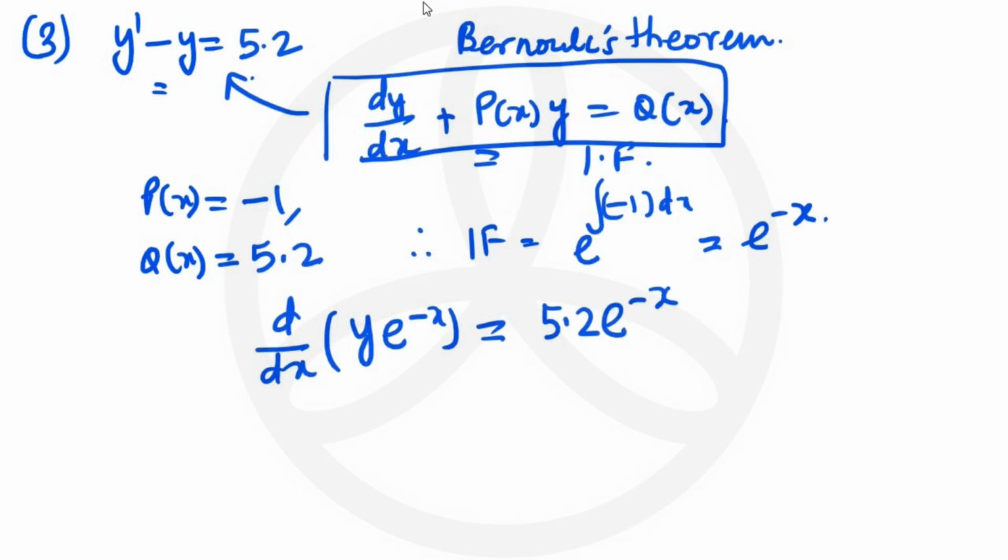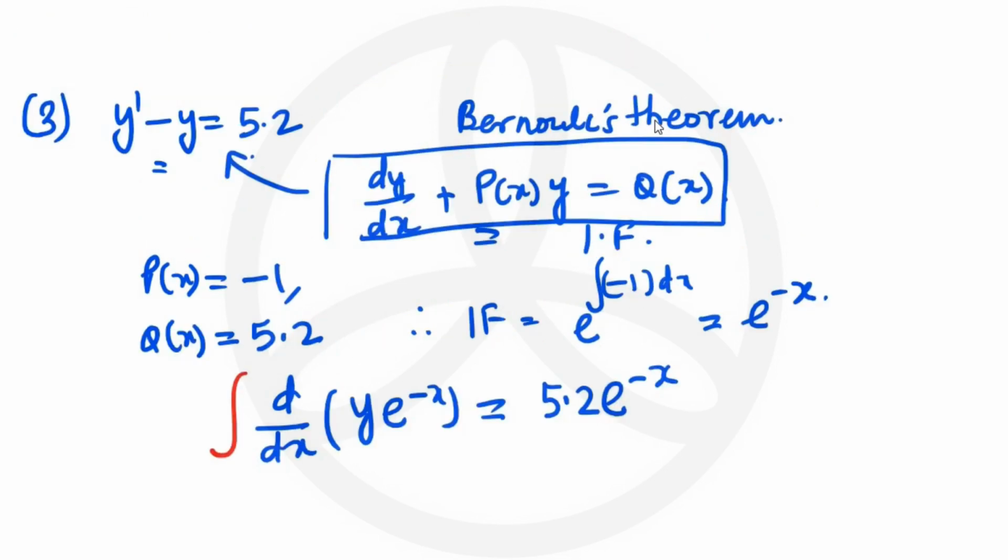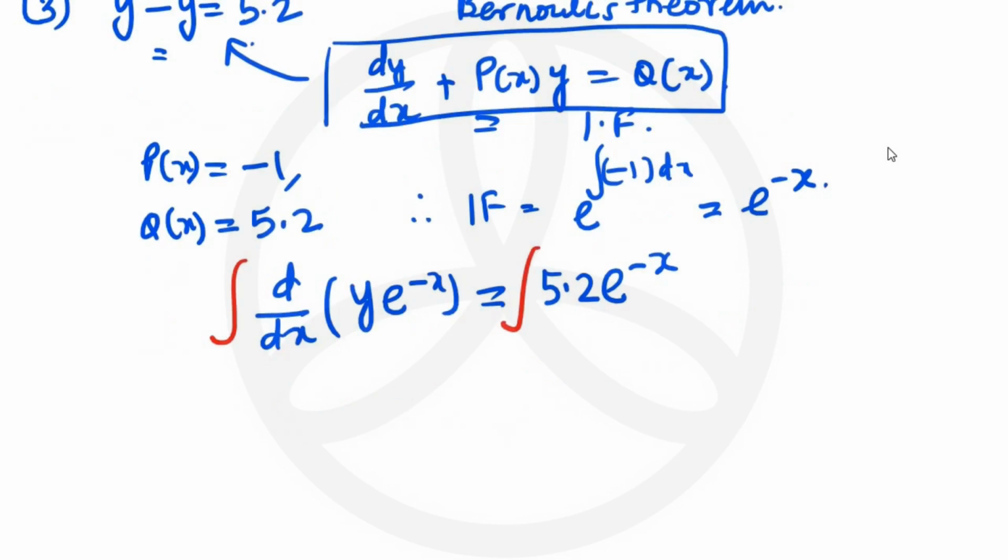And then integration will be applied on both the sides. Here you will get e to the power -x straightforward. It will remove the derivative sign and this will be integrated and it will become -5.2 e to the power -x plus a constant of integration c, which we have to take here.